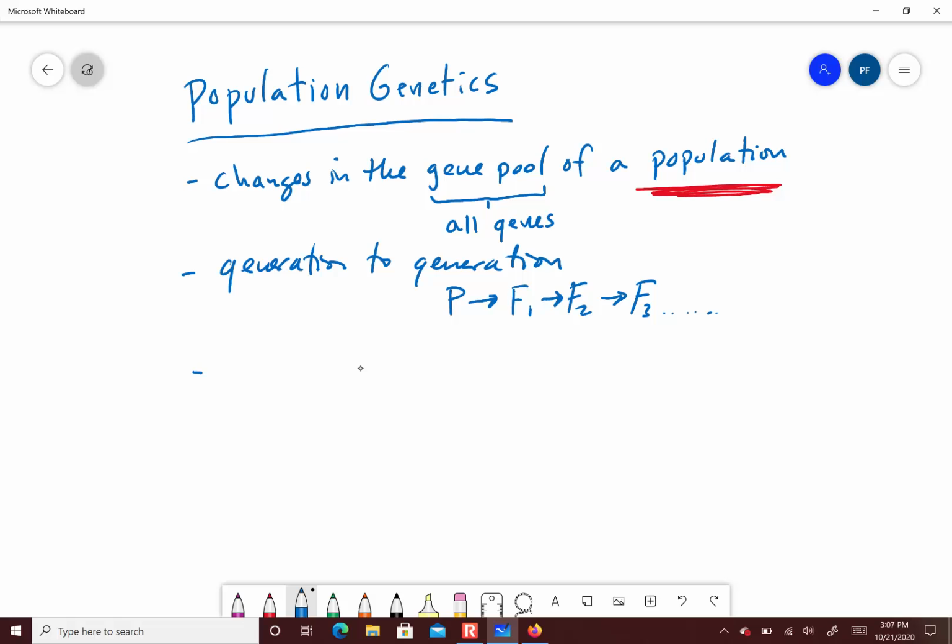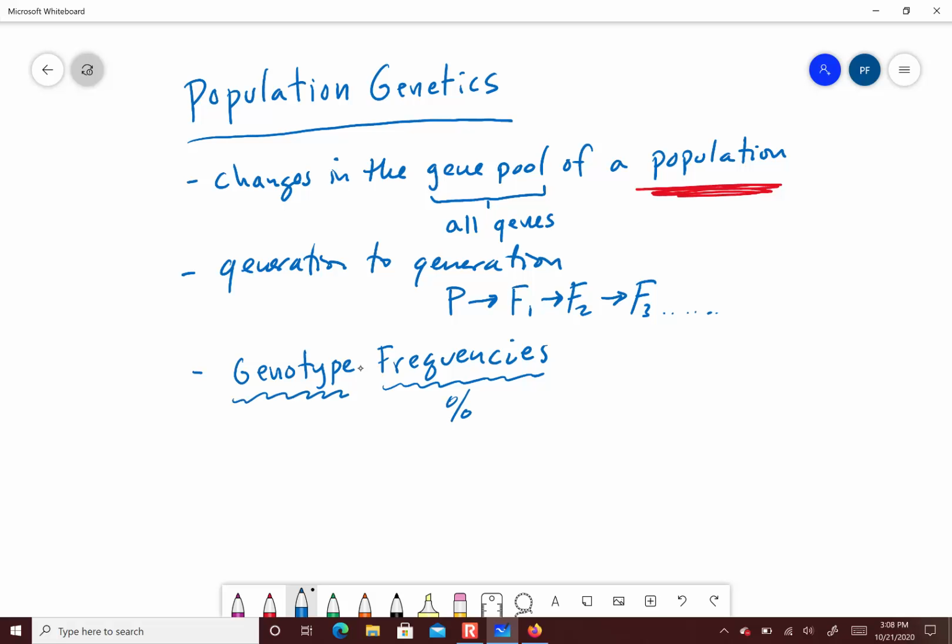All right, so in population genetics, we're going to look at a few numbers. We're going to look at what are called genotype frequencies. Think of frequencies as just how abundant something is, like the percent of something.